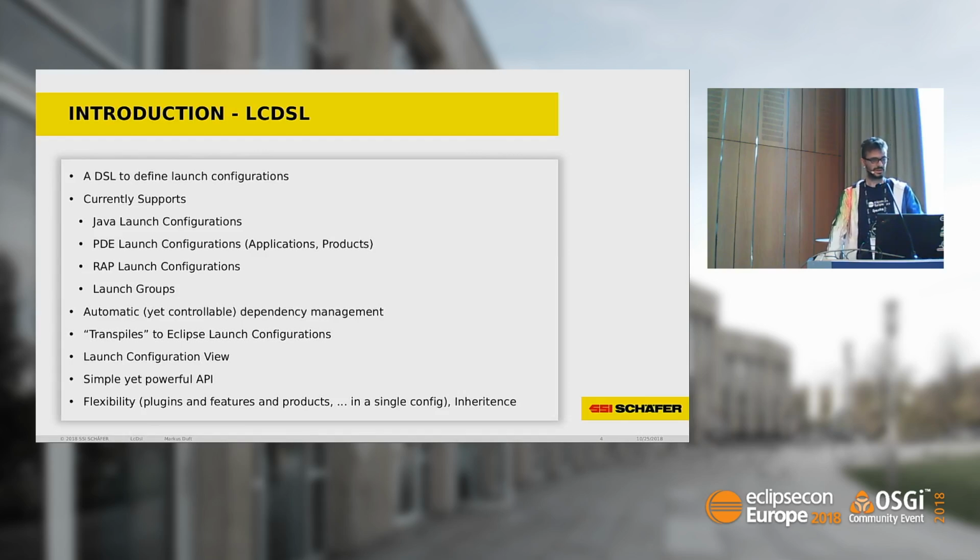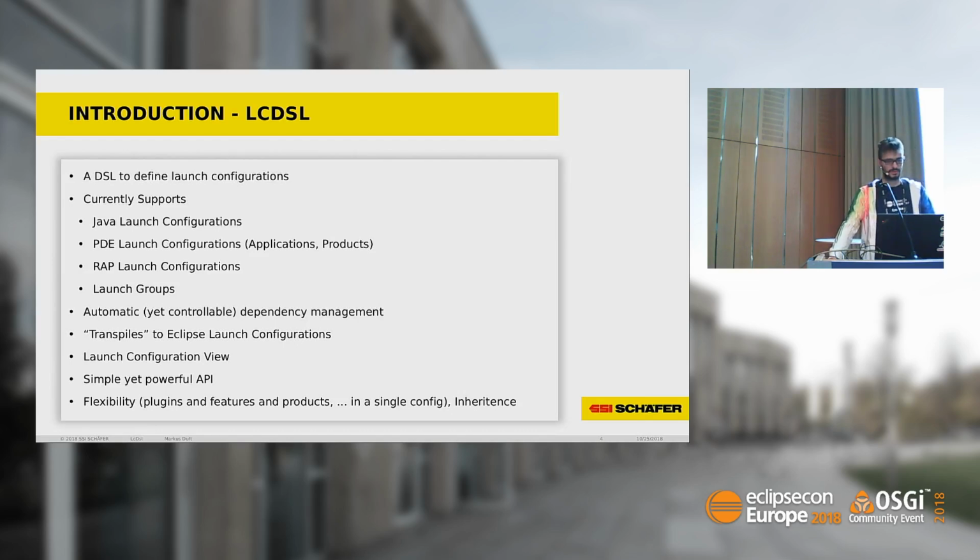We have currently built-in support for Java launch configurations, PDE, so IApplication, product, and so on applications, WRAP applications, so you can launch WRAP-based web applications as well, and launch groups, which have been introduced as well by me in Eclipse Oxygen, I think, or was it Photon? No, Oxygen, I think.